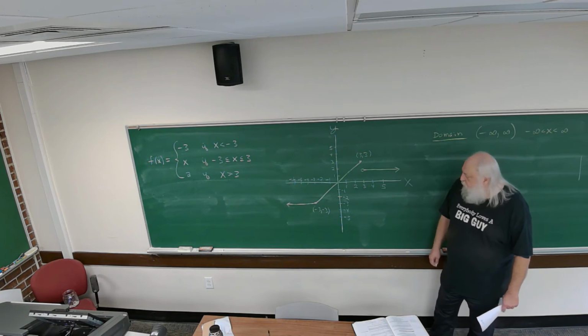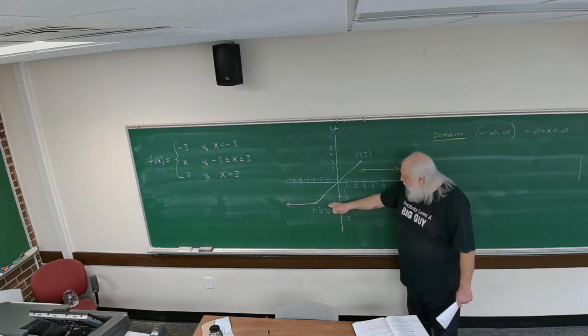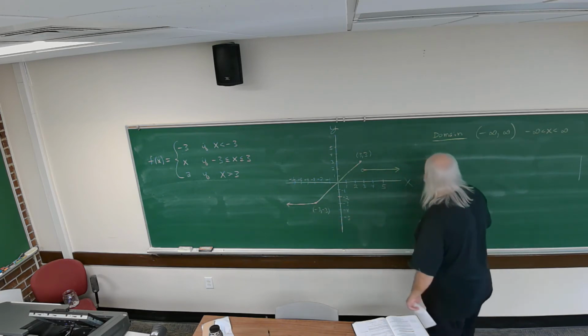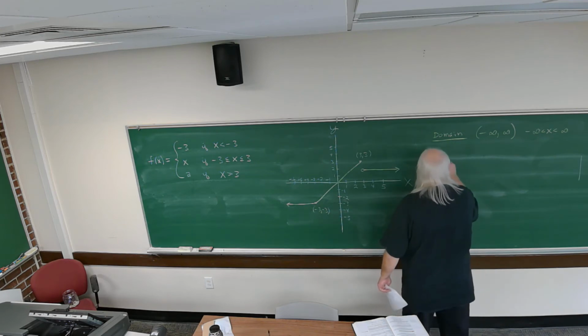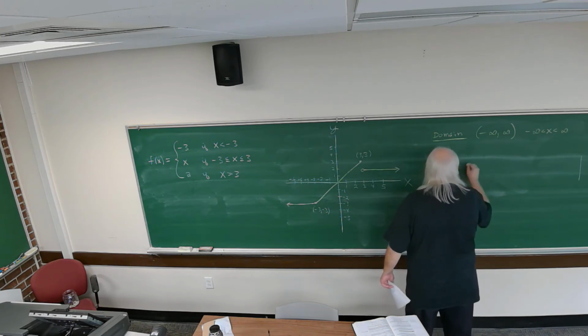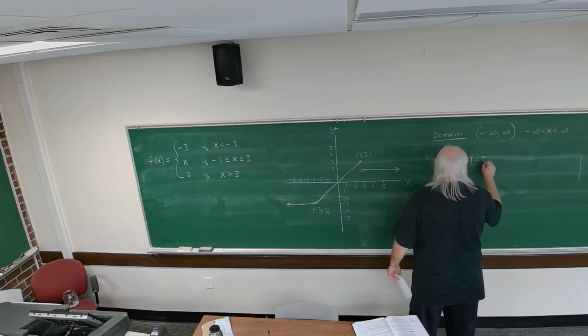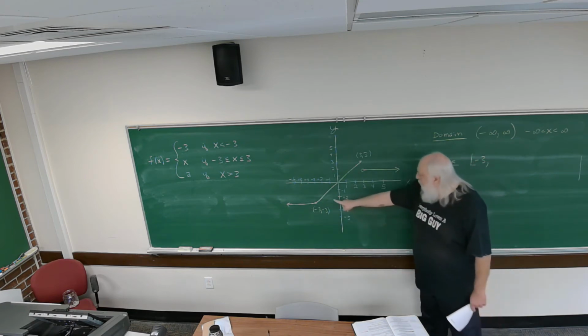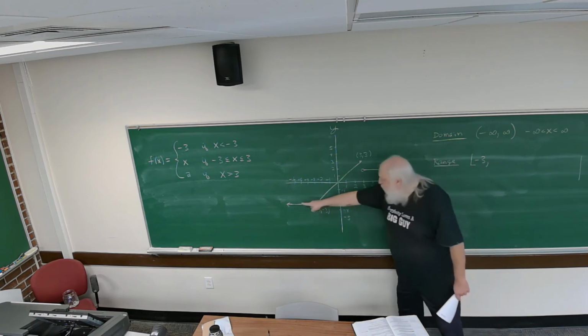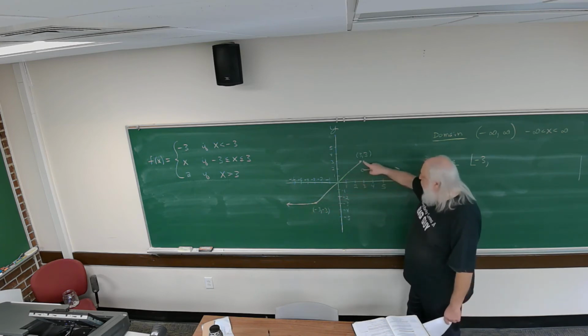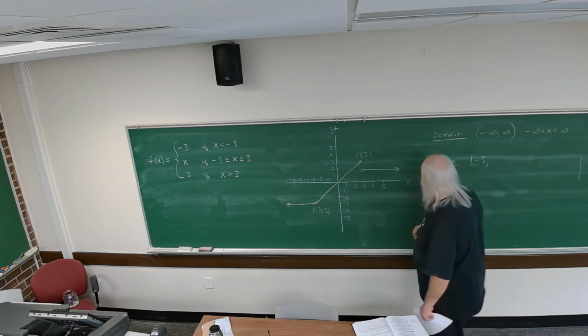Now the range, the y values: the minimum y value is minus 3. And in this part of the graph that is continuous, the maximum y value is plus 3.